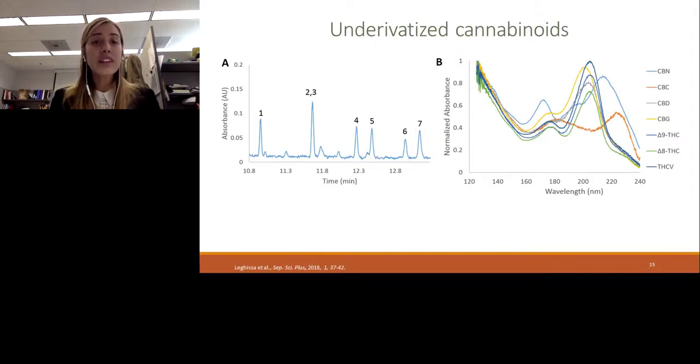And you can see in here the first analysis we performed with underivatized cannabinoids. So just like before, we analyzed 7 of them because delta 9 THCA can be analyzed only if silylated. And you can see on the right, there are the different absorbance spectra. So as you can see how different they are.